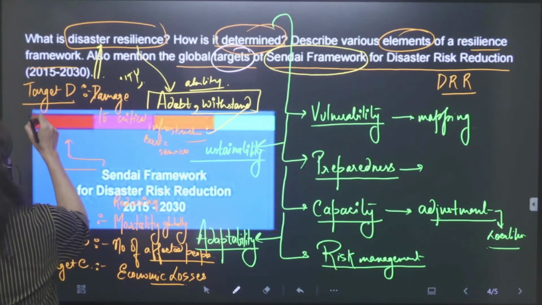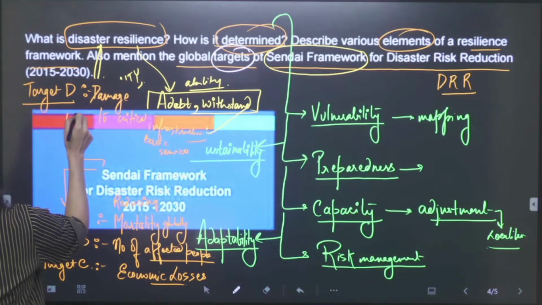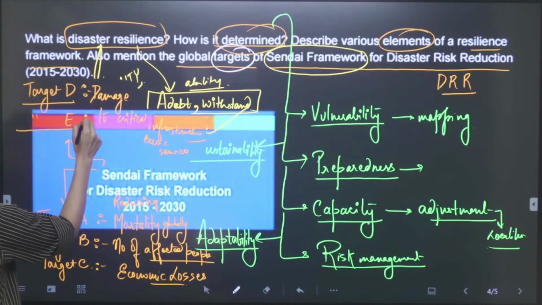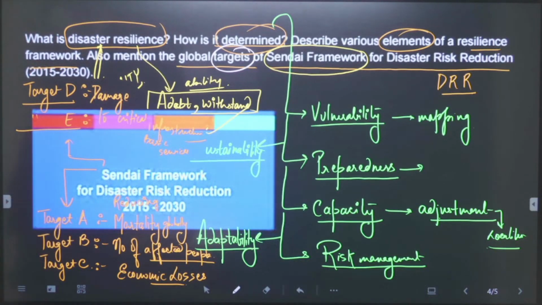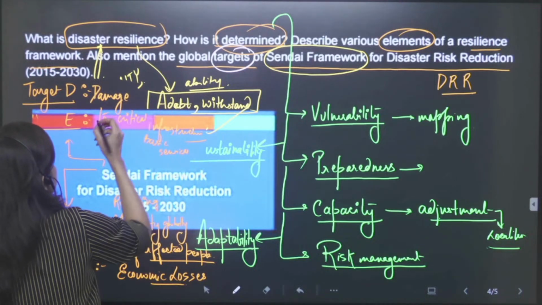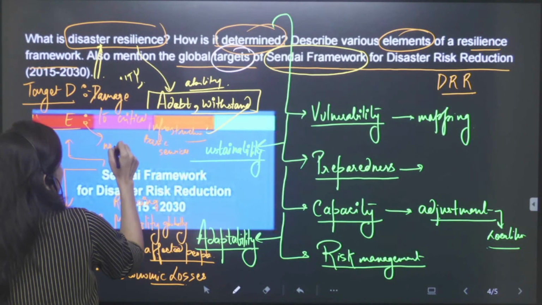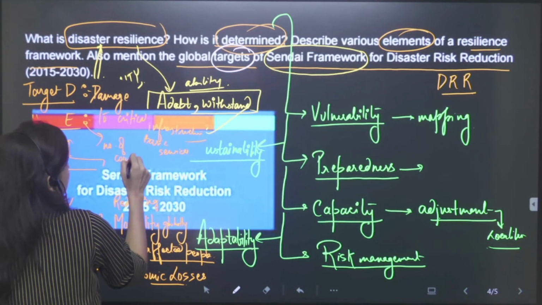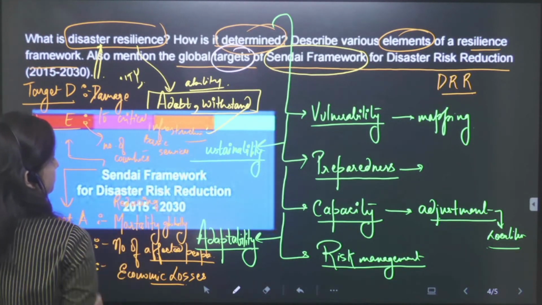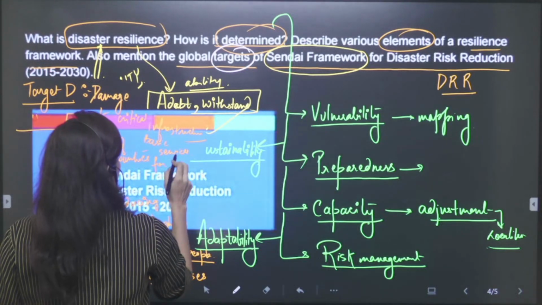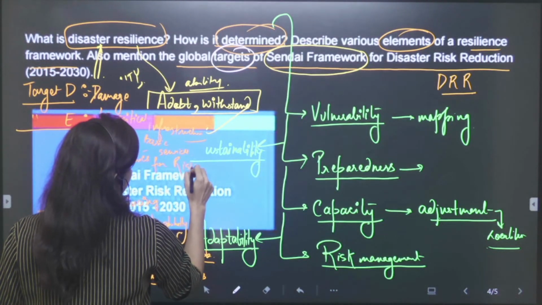Then we have target E. Target E is talking about increasing the number of countries with effective strategies for risk reduction.